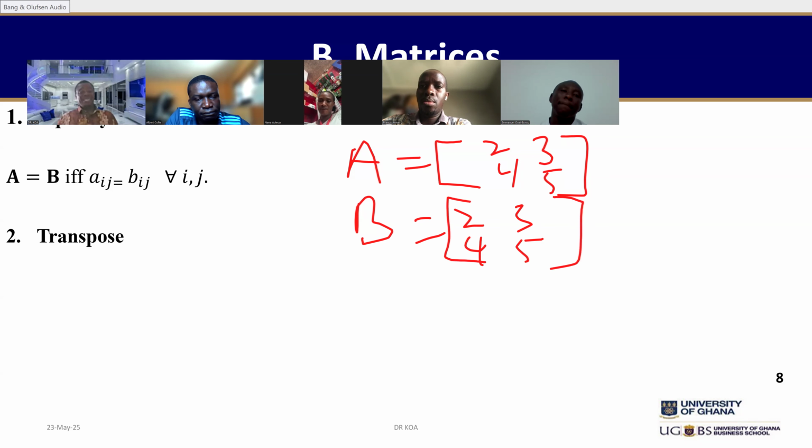So ideally, A is not equal to B, but because of the elements, we can say that A is an equality identity to B.